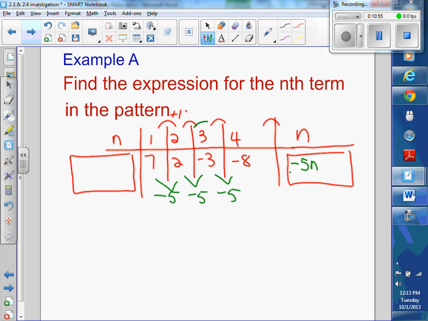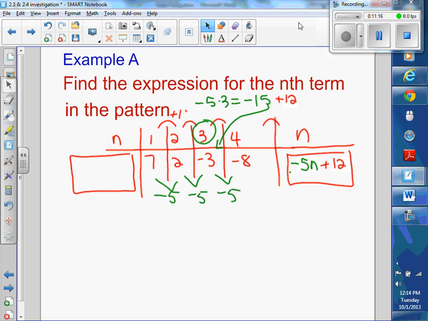So what's -5 times 3? -15. It's equal to -15. But I need to get -3, so I have to add 12. That's your job tonight. Try it.